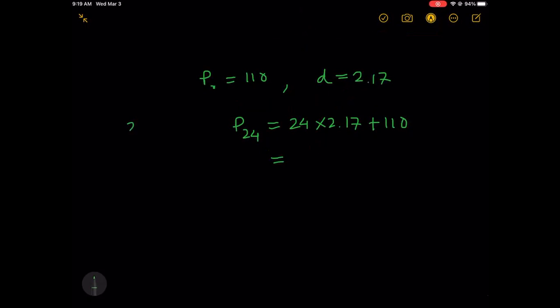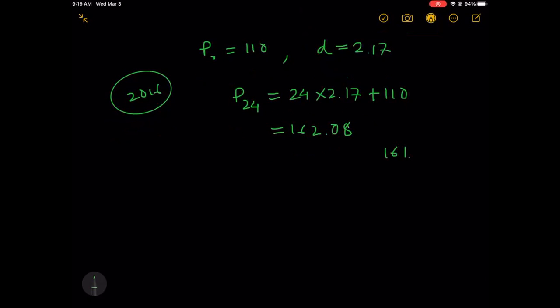So in the year 2016, our assumption says it will be, let me use my calculator again, 24 times 2.17 plus 110, it will be 162.8. Let me see the value in the book as well. Yeah, you can see it's pretty close. They have 161.6.